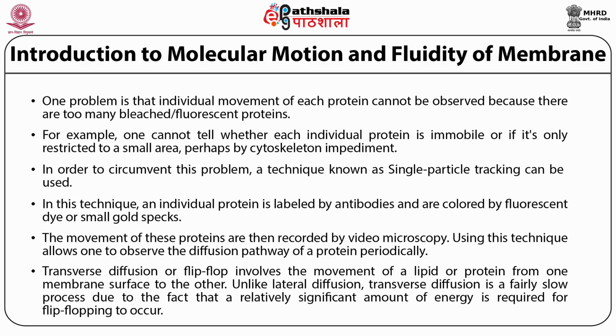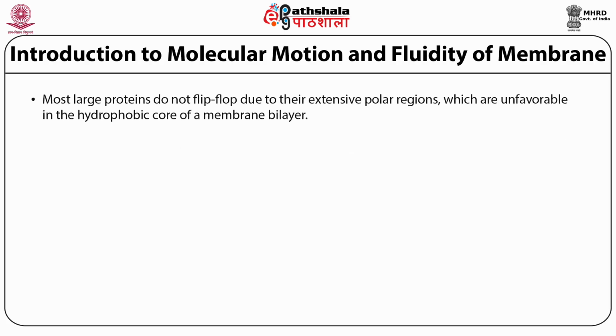Unlike lateral diffusion, transfer diffusion is slow and it requires a significant amount of energy for flip-flop to take place. Most large proteins do not flip-flop due to their extensive polar region, which is unfavorable in the hydrophobic core of the membrane bilayer.